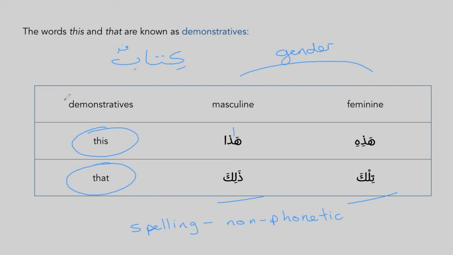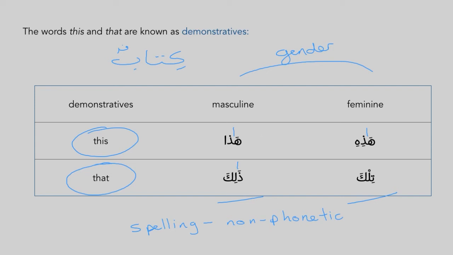I have a theory for this, which is that in handwriting, it's a lot easier to stick in a dagger alif if you accidentally leave it out. We'd put another dagger alif here if we wanted to make it completely phonetic: hadihi, and this one would be dhalika. If you pick up a copy of the Quran, you're going to see these written in most cases.